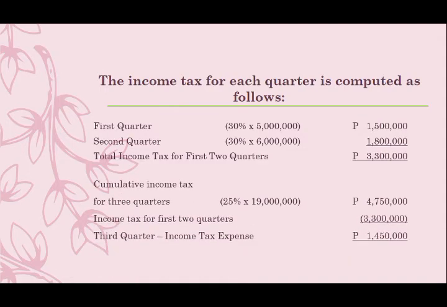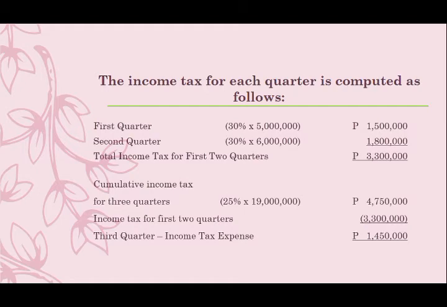Now, to get the third quarter income tax expense, we need to get first the cumulative income tax for 3 quarters, which is computed by 25% multiplied to 19 million. 25% is the tax rate for third quarter, and it is used to get the cumulative income tax because it is the effective tax rate for the 3 quarters, and it is multiplied to the total income of the 3 quarters, which is 19 million.